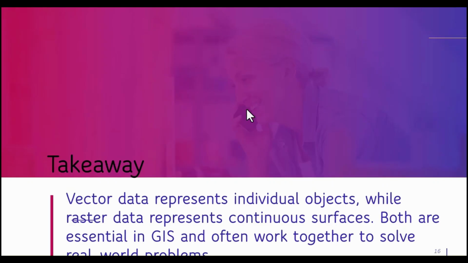Vector data represents individual objects, while raster data represents continuous surfaces. Both vector and raster are very essential in GIS and often work together to solve real world problems.